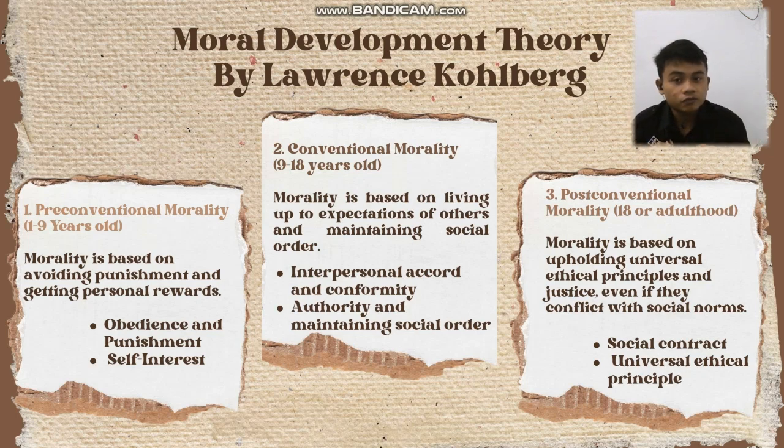And then second, moving on to conventional morality from the age of 9 until 18 years old. Morality is based on living up to the expectations of others and maintaining social order. This morality is really focused on the mind of a teen, someone who is not an adult but still a teenager, and wants to get others' attention.